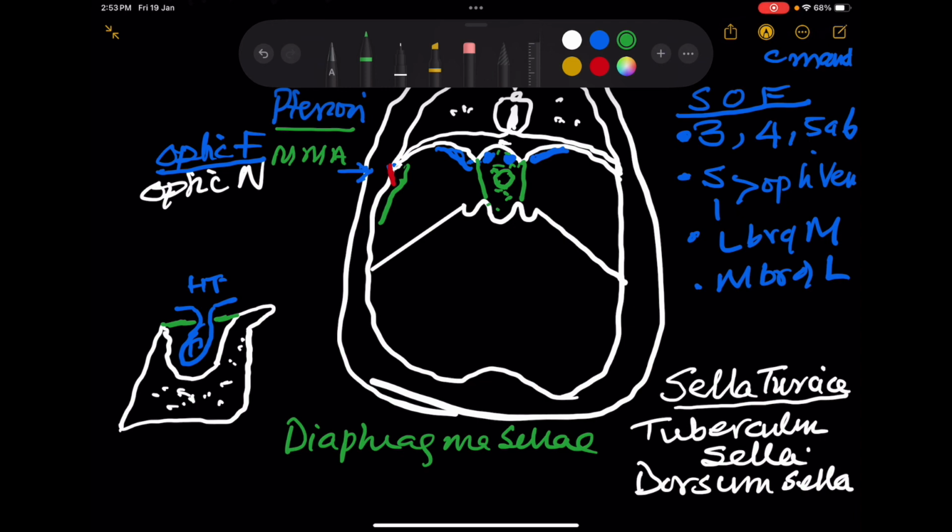Now just lateral to this dorsum sellae lies a venous sinus, which is called the cavernous sinus.